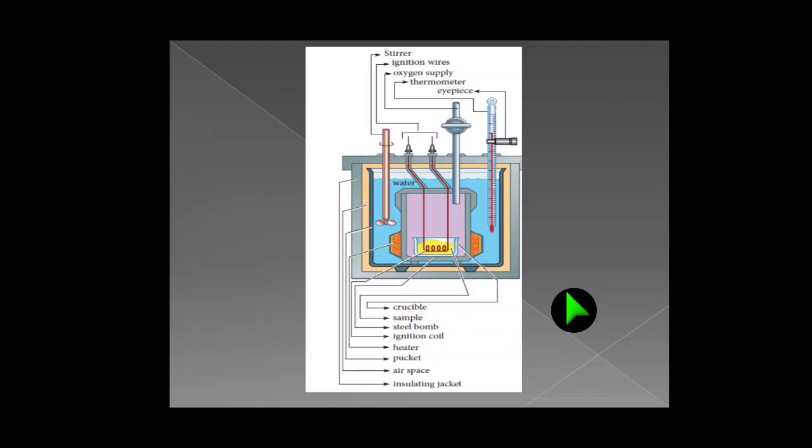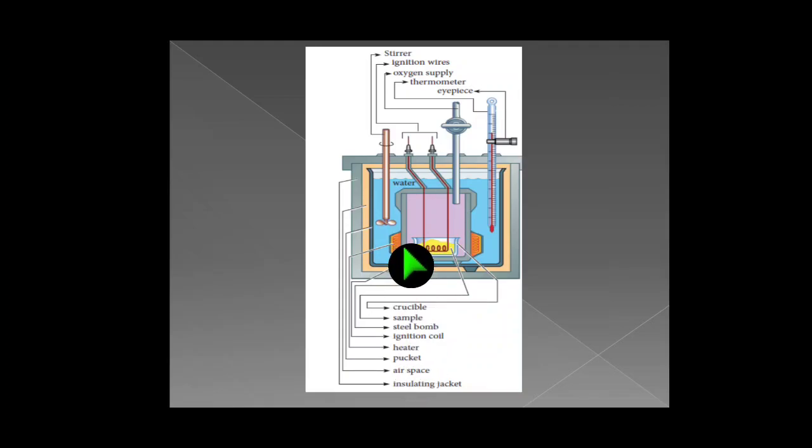Now we see the parts of the bomb calorimeter. The outer layer, gray color, is the insulating jacket, and next, the ivory color layer, there is an air space. Then the third one, the cover with bucket.